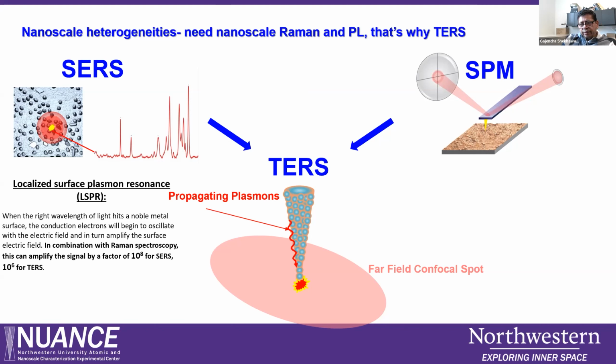Then we scan the sample underneath this probe, and the volume of that scan is pretty small, almost the size of the probe, a few nanometers. In this way, you have a chemical identification or Raman signal from that very small volume cross section, and you can significantly enhance your spatial resolution in this TERS spectroscopy.